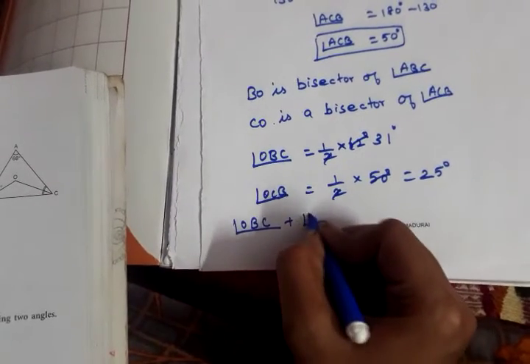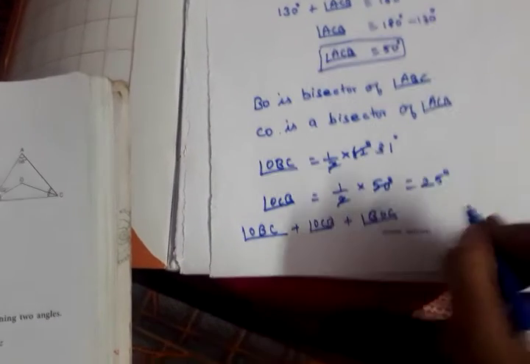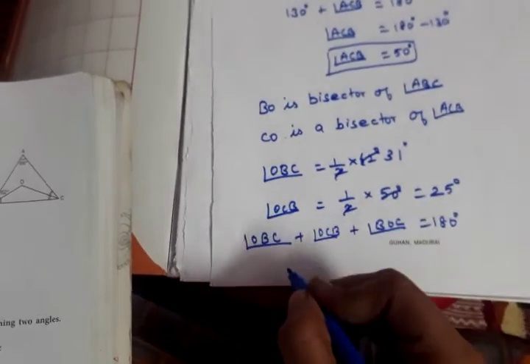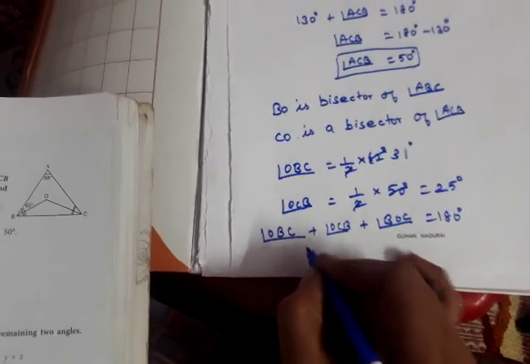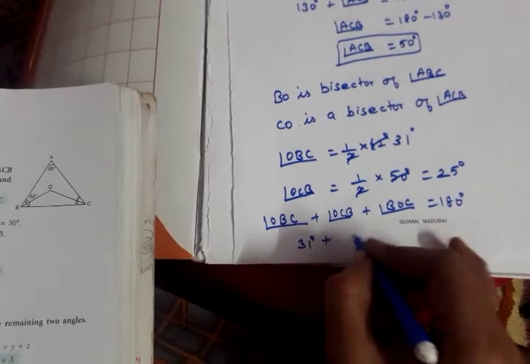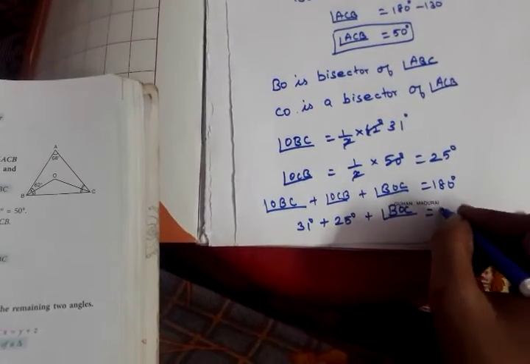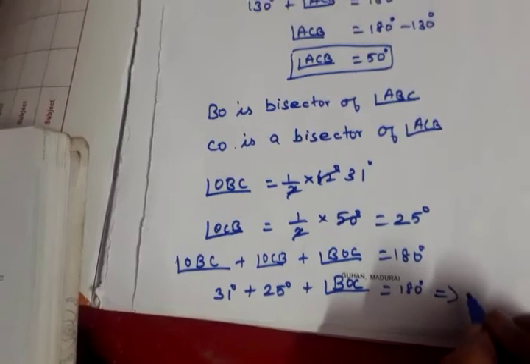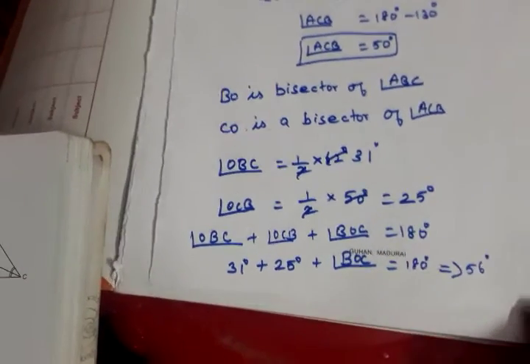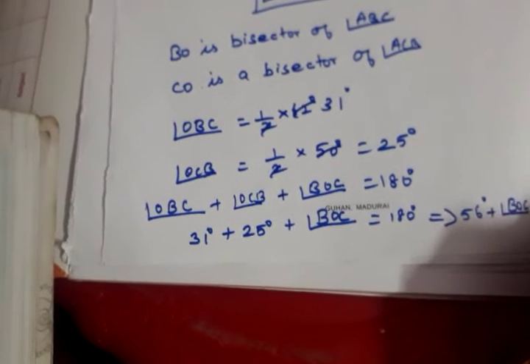Then angle OBC plus angle OCB plus angle BOC equals 180 degrees. We already found the values of angle B and angle C. So 31 degrees plus 25 degrees plus angle BOC equals 180 degrees. 31 plus 25 is 56, so 56 degrees plus angle BOC equals 180 degrees.